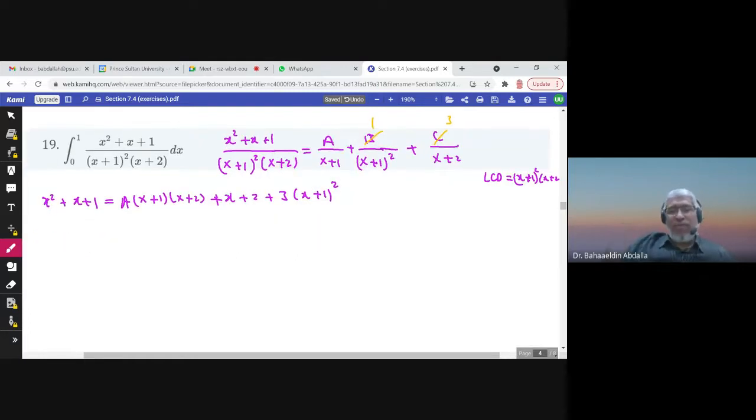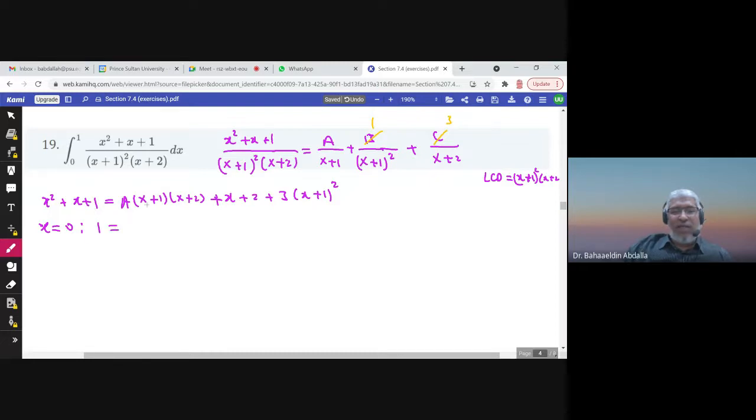And now I can find a easily by just replacing x, for example, by any number. For example, 0. Or you can find it by equating the coefficients. But it is easier here to replace x by a number. So the left-hand side would be 1.